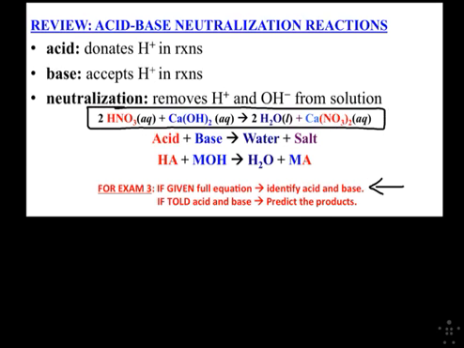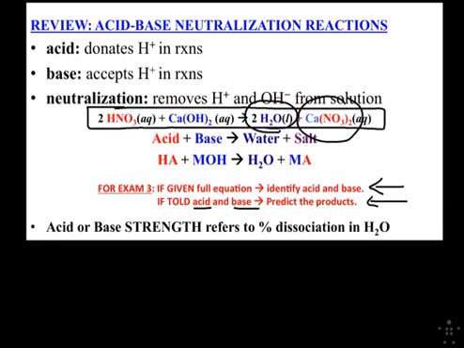If you were told the acid and the base, so I said you have nitric acid reacting with calcium hydroxide, you should be able to predict that you're going to get water and calcium nitrate out of that reaction. And that's essentially all you need to be able to do with acid-base reactions for exam 3. However, in order to understand what's going on in an acid-base reaction, we need to take it a couple steps further.